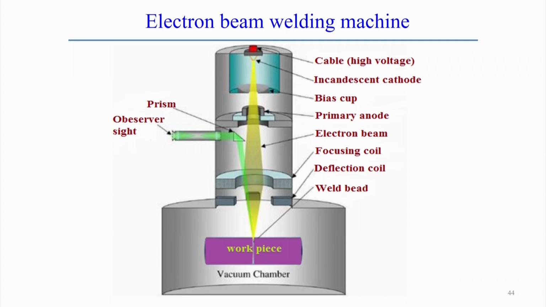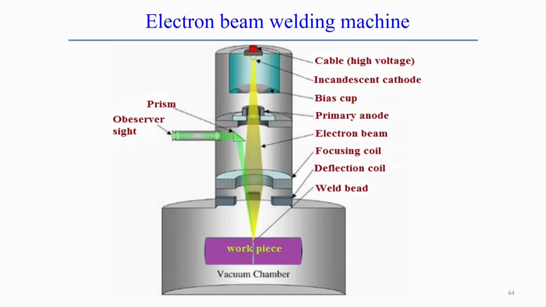Then the electron beam, shown in yellow color. After being created, it is accelerated and goes through the focusing coil. The focusing coil helps to focus the beam on a specific position, and then the deflection coil also helps to deflect the electron beam.